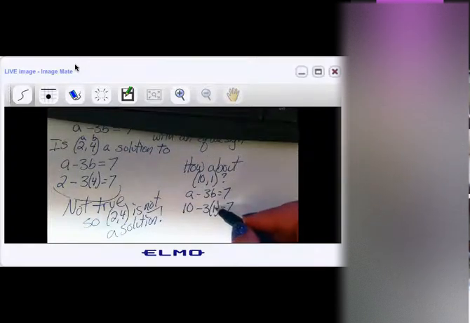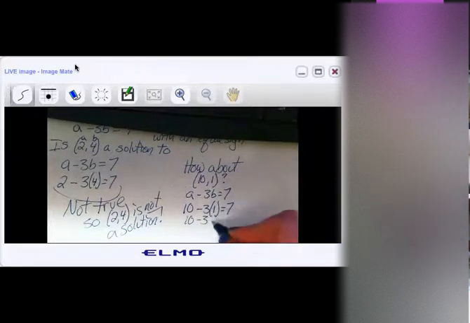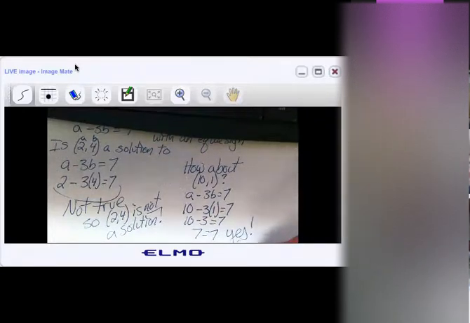It's just a 1. But then I do have some multiplication to do. So the very next thing I should be doing is the 3 times 1. And 3 times 1 is just 3. And then, of course, 10 minus 3, yep, that really is 7. So this one does check out. So yes, (10, 1) is a solution.